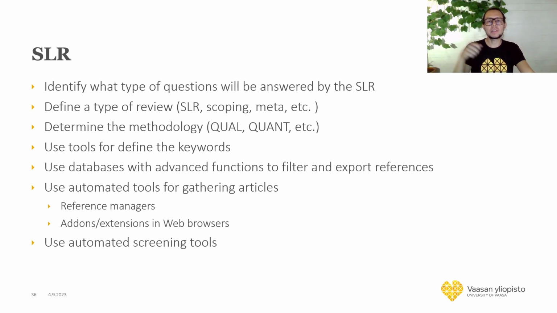And use automated tools for screening. As more papers are going to be published in the future, you're going to gather more and more results, meaning that you're probably going to get thousands of articles.